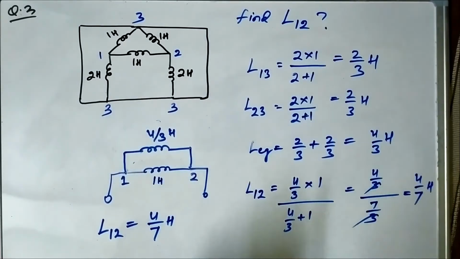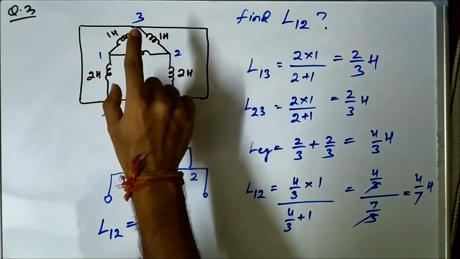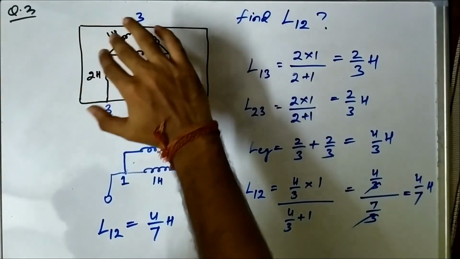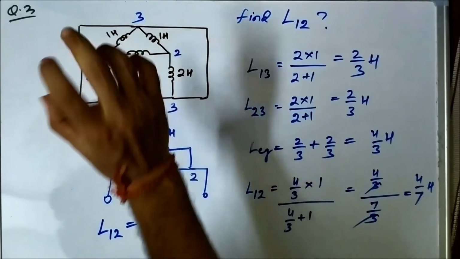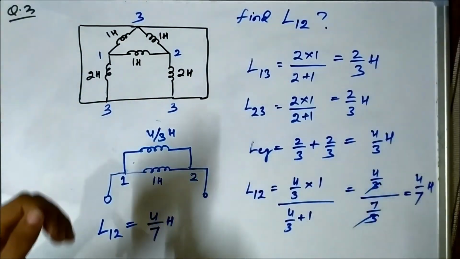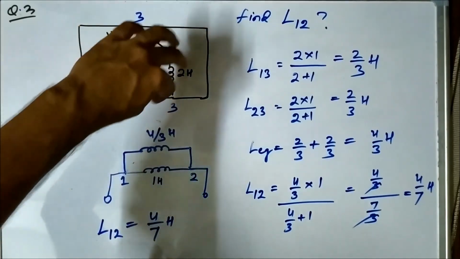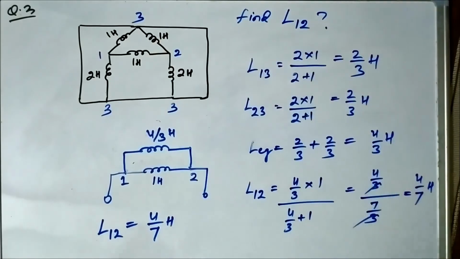The next thing is to determine which inductors are connected between the 2 points. We found that between points 1 and 2, 1 Henry is connected. Between points 1 and 3, there are 2 inductors connected between the same 2 points, which means they are in parallel. Similarly, between 2 and 3, there are also 2 inductors, 1 Henry and 2 Henry, connected in parallel.